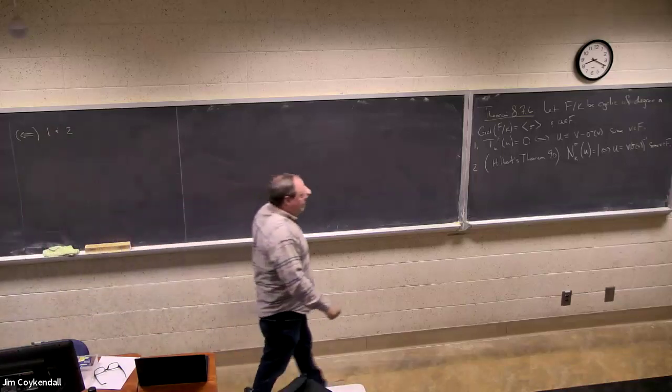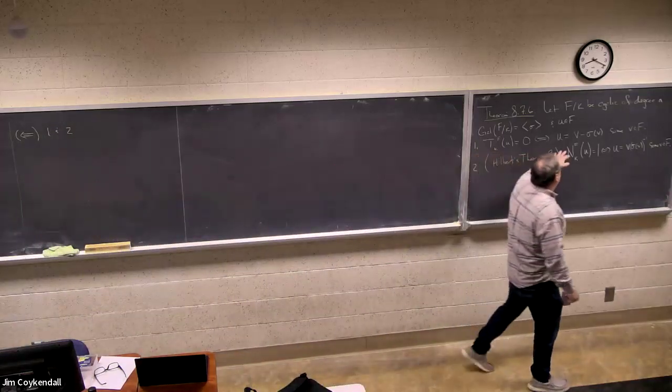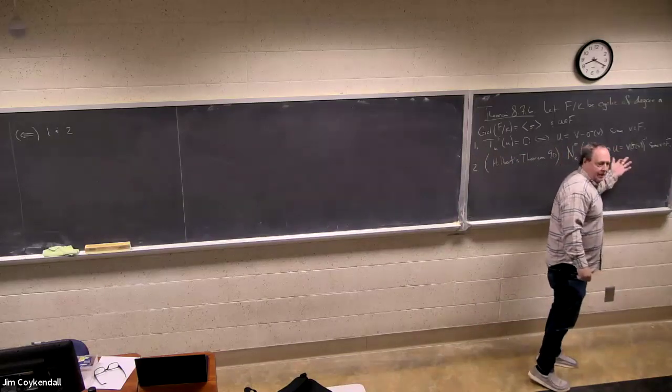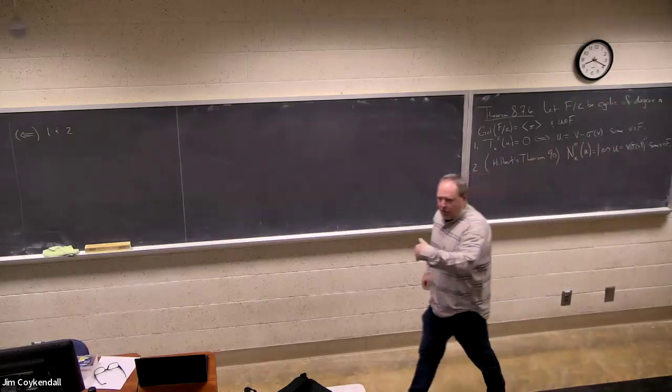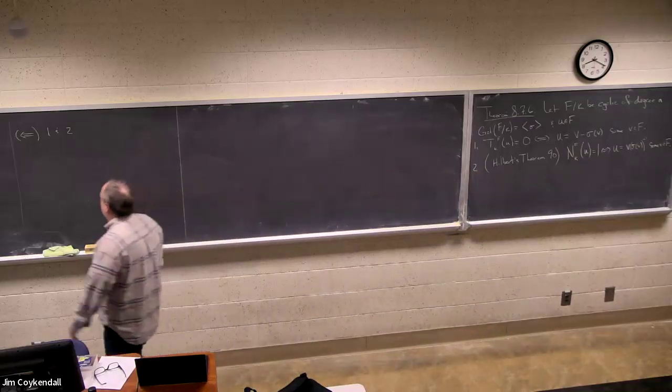Because it's actually fairly easy to show that if these elements happen to have this form, then their trace is 0, norm is 1 respectively.